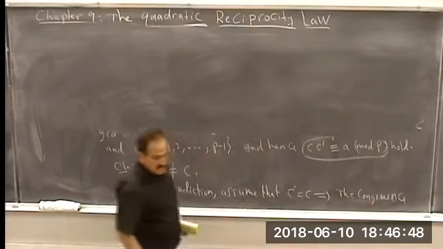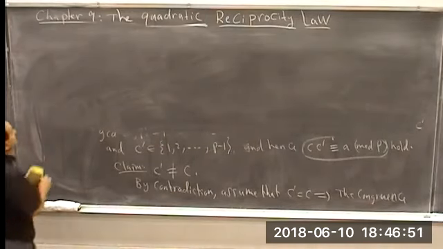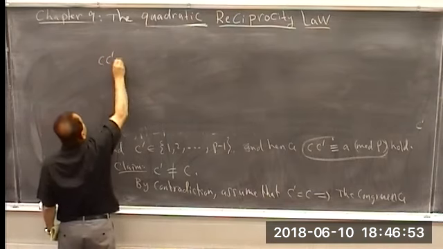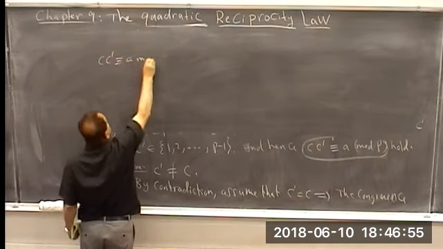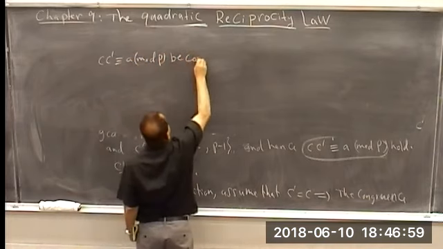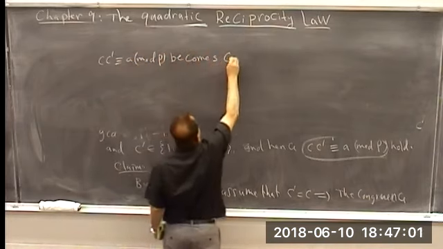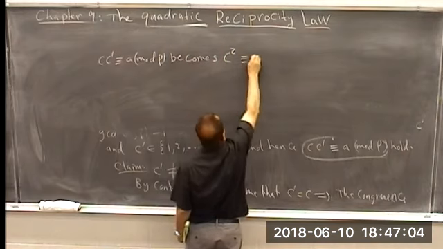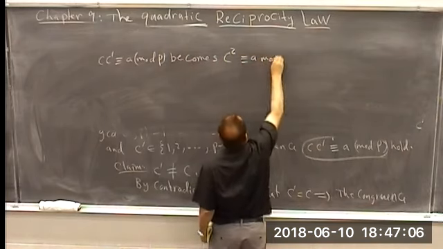So this implies the congruence C prime congruent to A mod P, which becomes C squared congruent to A mod P.